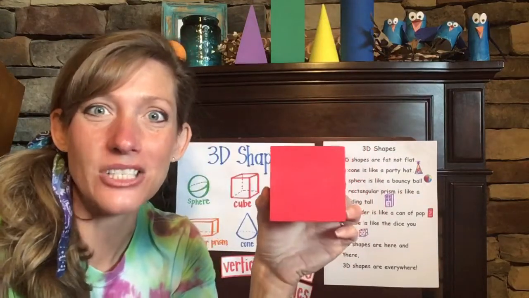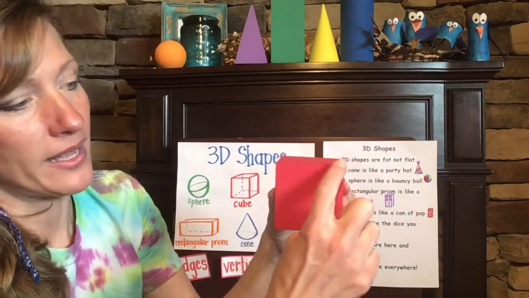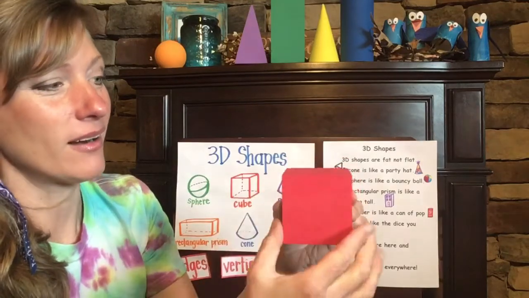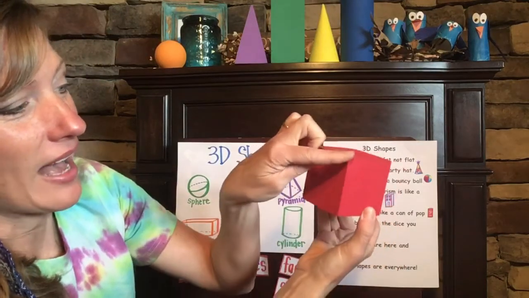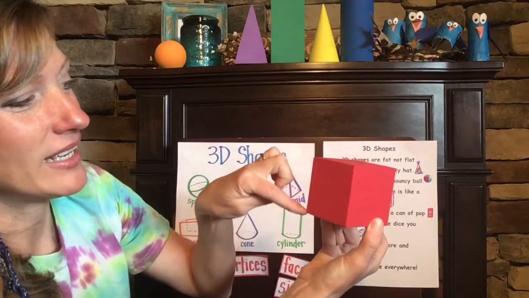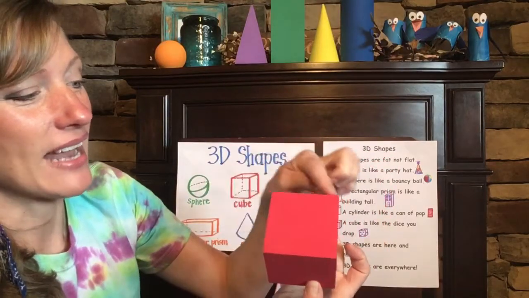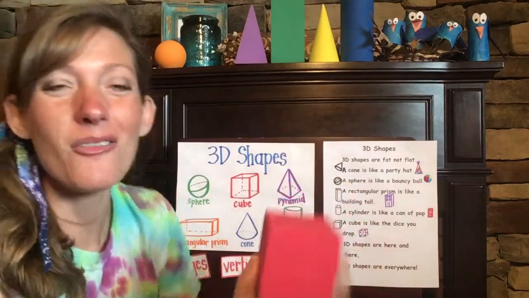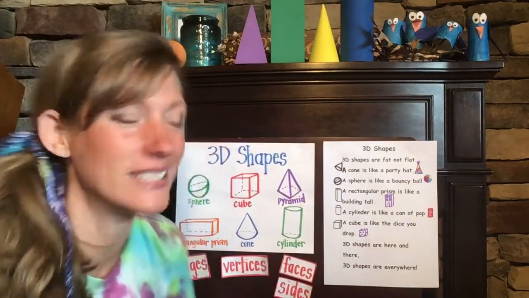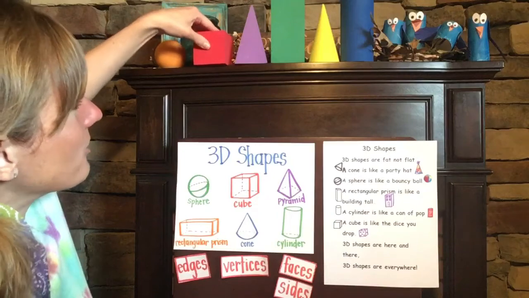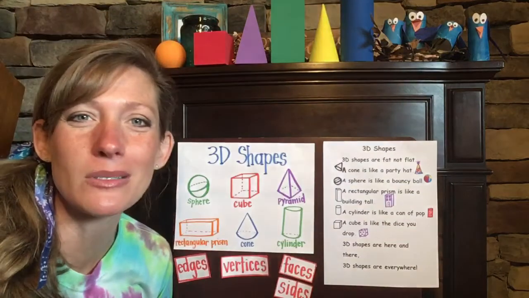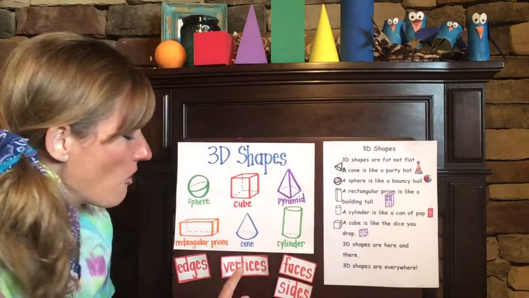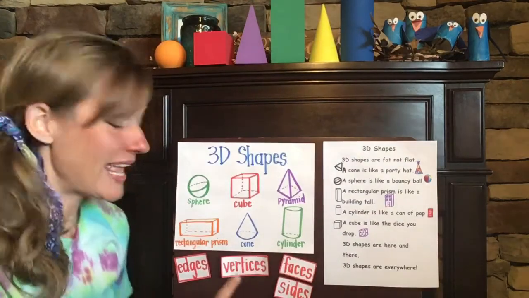How about the edges? 1, 2, 3, 4, 5, 6, 7, 8, and then 9, 10, 11, 12. It's got 12 edges. So when we're talking again about 3D shapes, remember those important words. Faces, those are the sides, vertices, and edges.